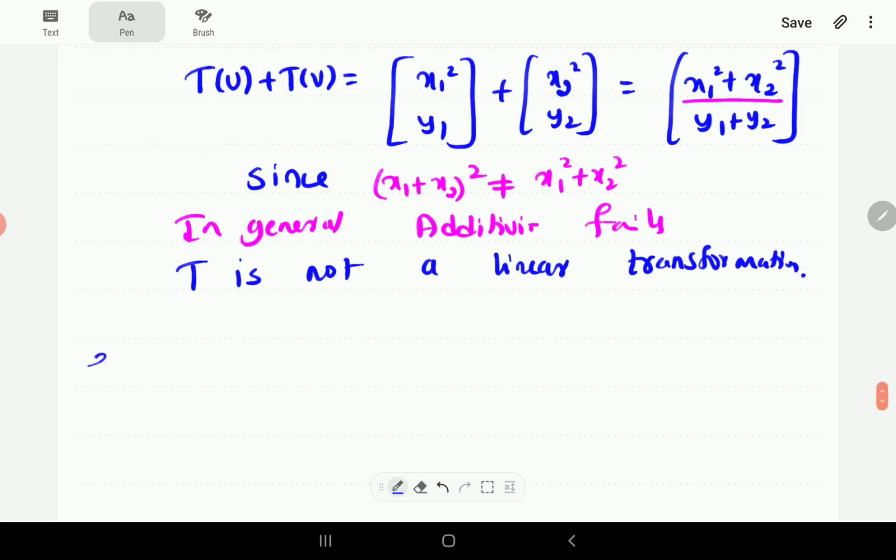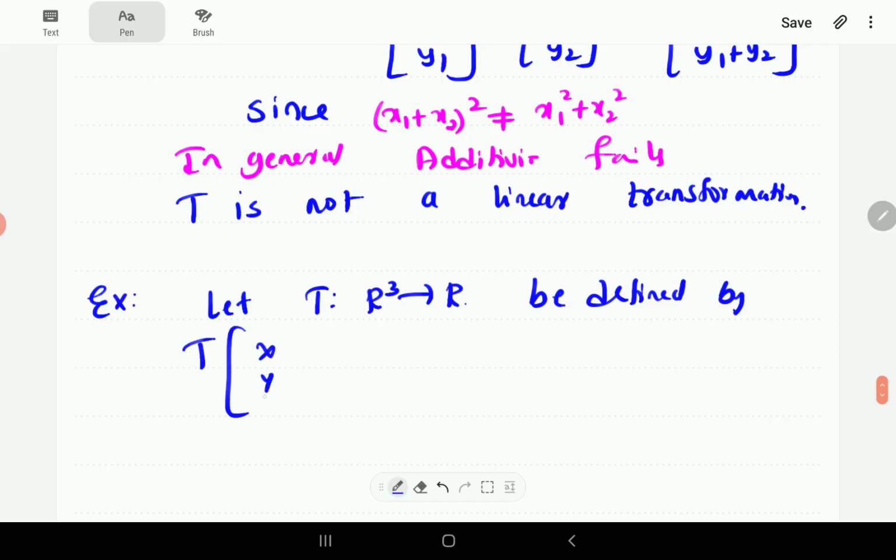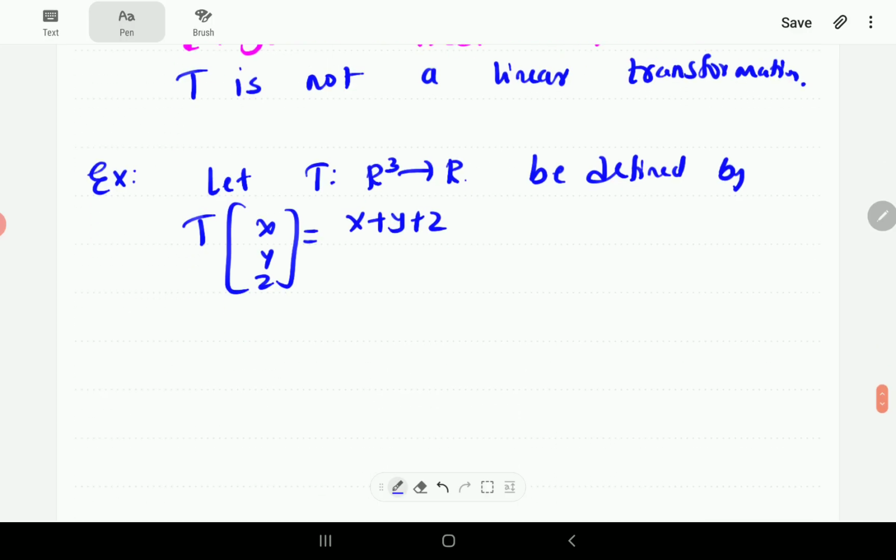Okay, let us see another example. Now let us take T from R3 to R defined by T of (x, y, z) equal to x plus y plus z. So is it a linear transformation?